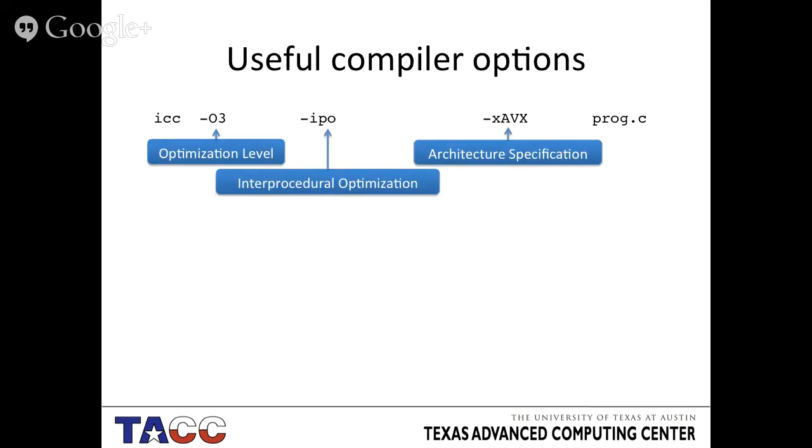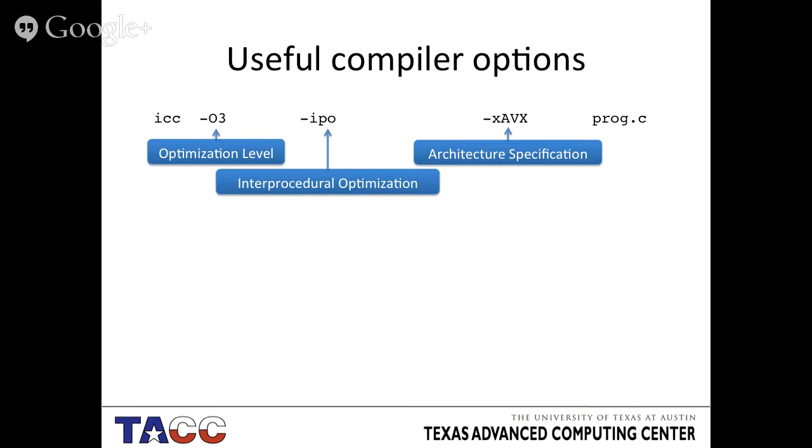Now, some useful options in Stampede would be -O3, which is the optimization level, tells the compiler how aggressive it can be in the changes that it can make to the code. -ipo, which enables interprocedural optimization. And what that wonderful word means in this context is that the compiler is able to optimize across files in your compilation.